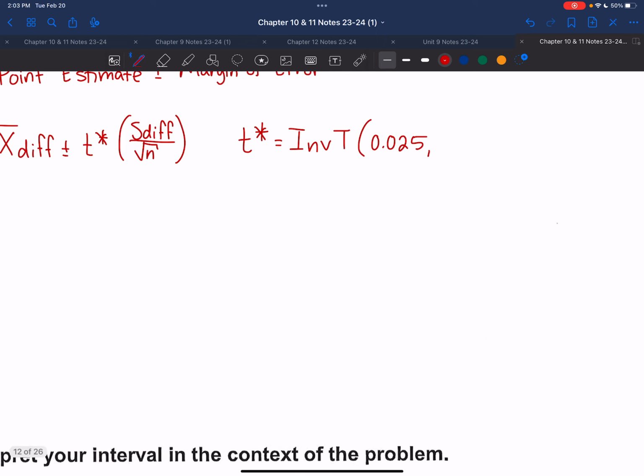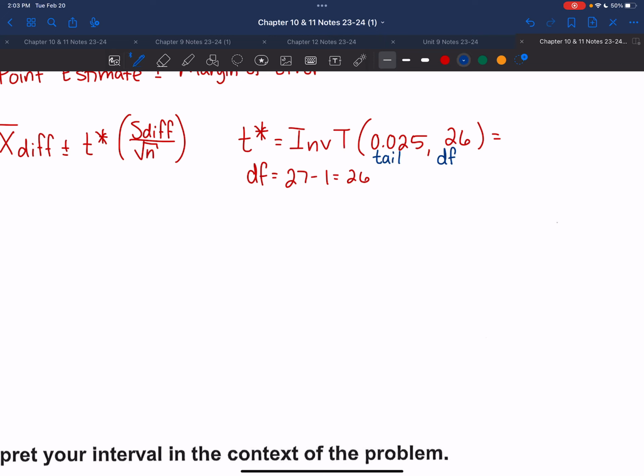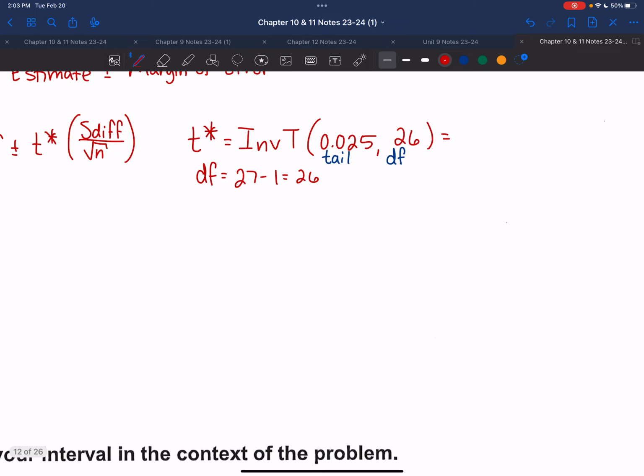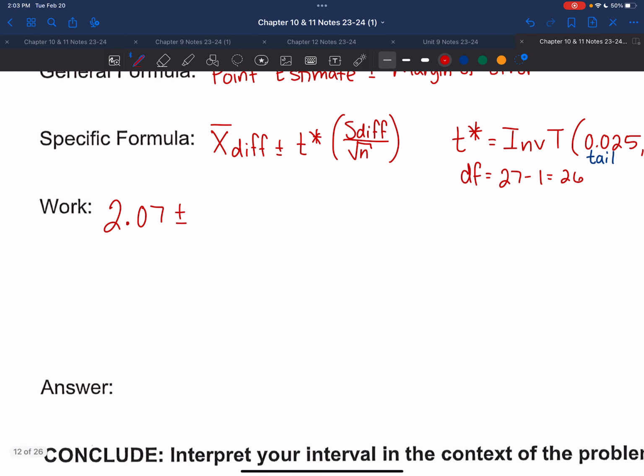And then my degrees of freedom, well, DF is equal to 27 minus 1, which is just 26. So I'm going to get a T star of 2.056 on this one.